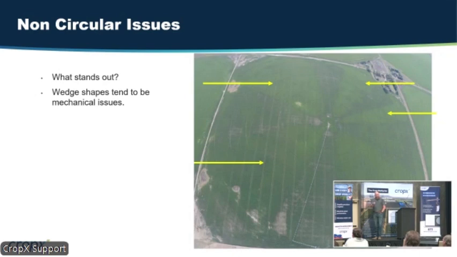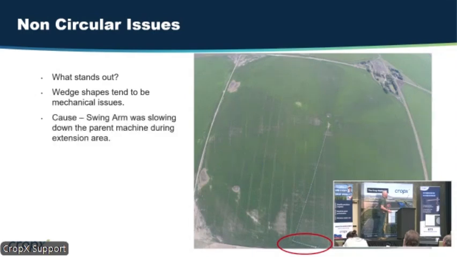Usually what happens when we have wedge-shaped issues, it's a mechanical issue on the system itself. It doesn't usually have much to do with sprinklers. The ultimate cause of this one, we could have a whole discussion someday about swing arms. But if you look down there in the very bottom of the machine, this machine had a swing arm on it, a corner machine. Ultimately there was a mechanical device in there.